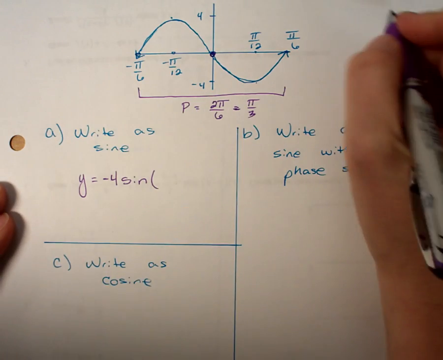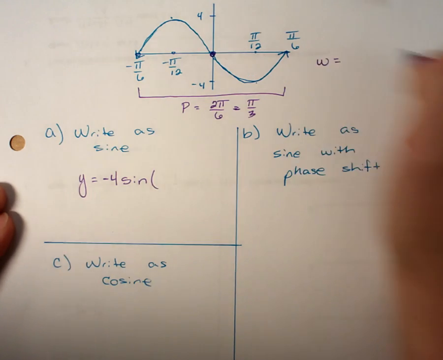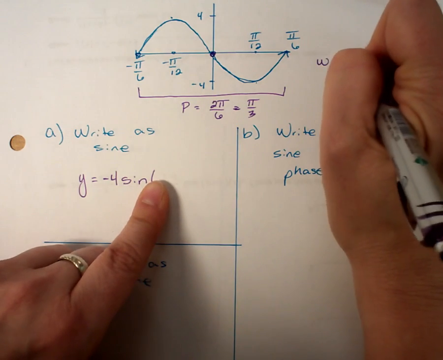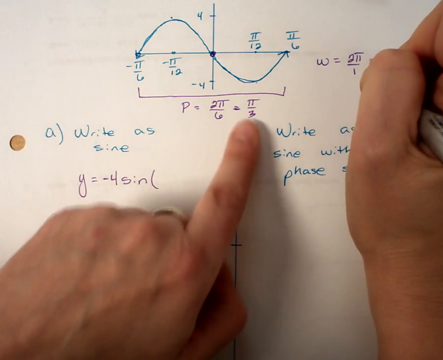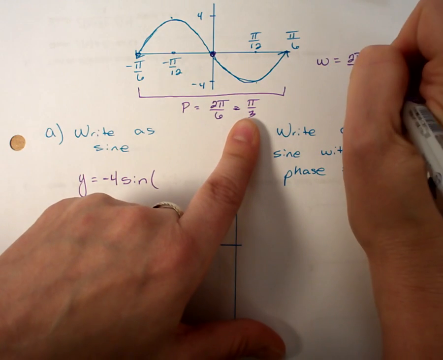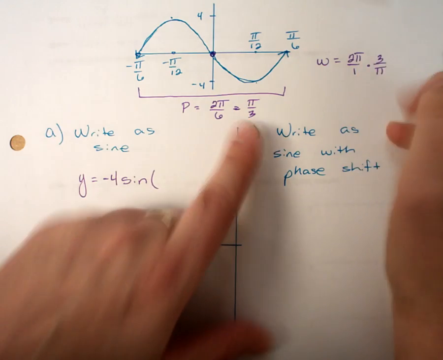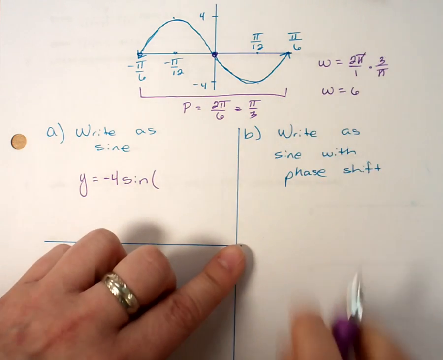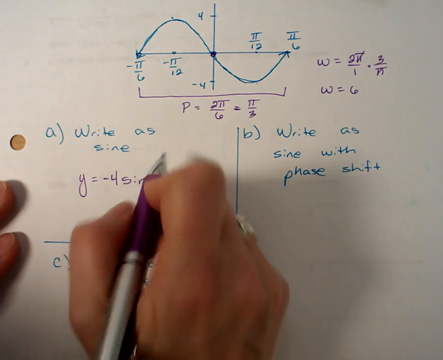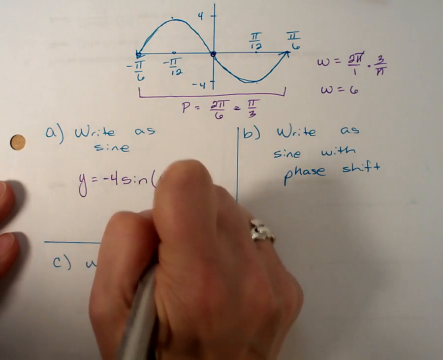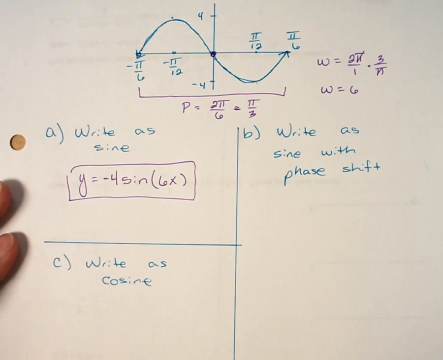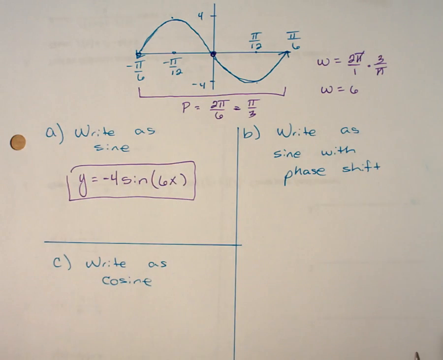What most students are already comfortable with is understanding how to get this coefficient that should go here by taking 2 pi, in this case times the reciprocal, 3 over pi. Of course, our pi's will cancel and gives us a coefficient of 6. So I could, in its simplest form, write the equation for this graph as -4 sine of 6x.